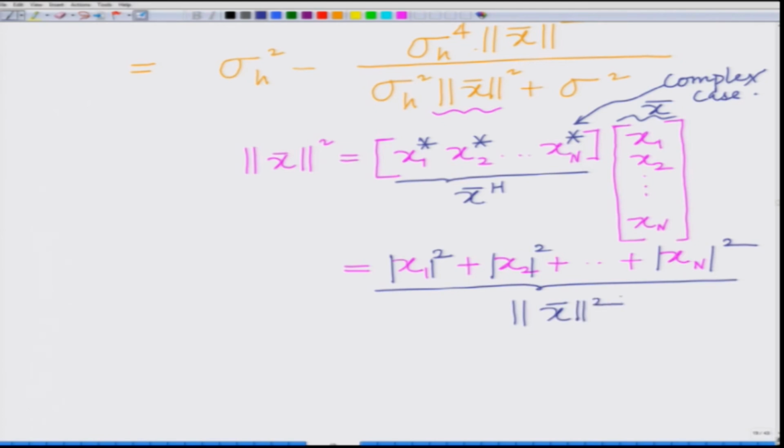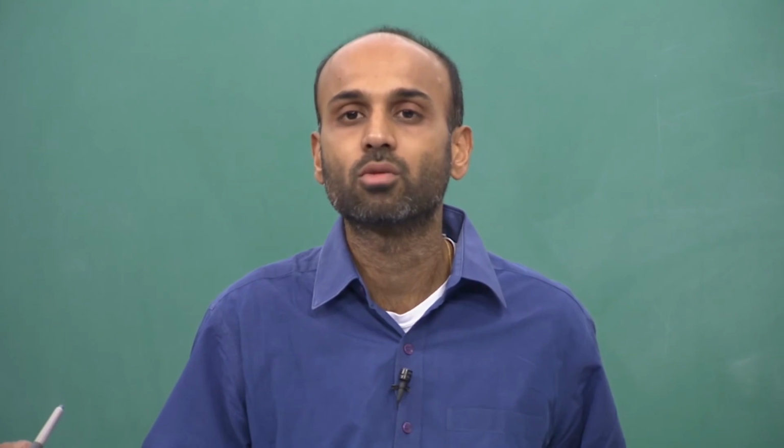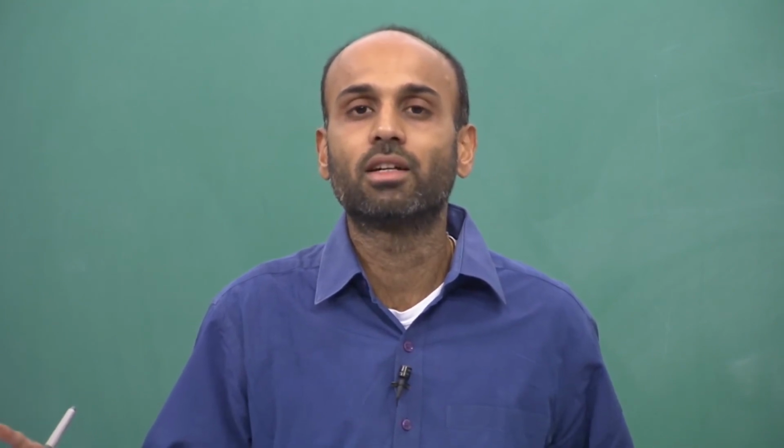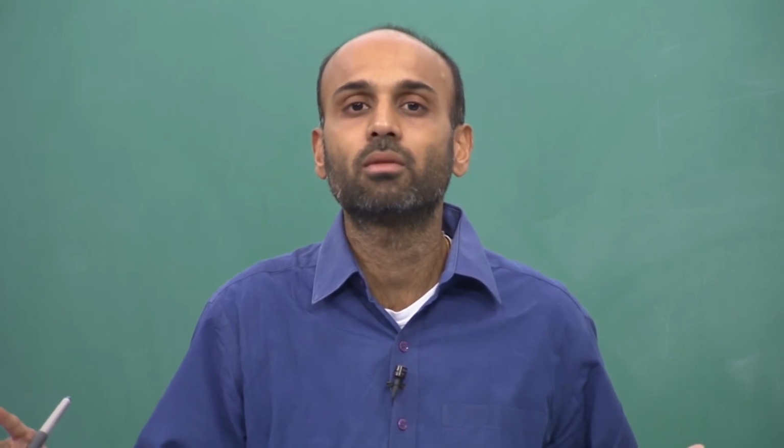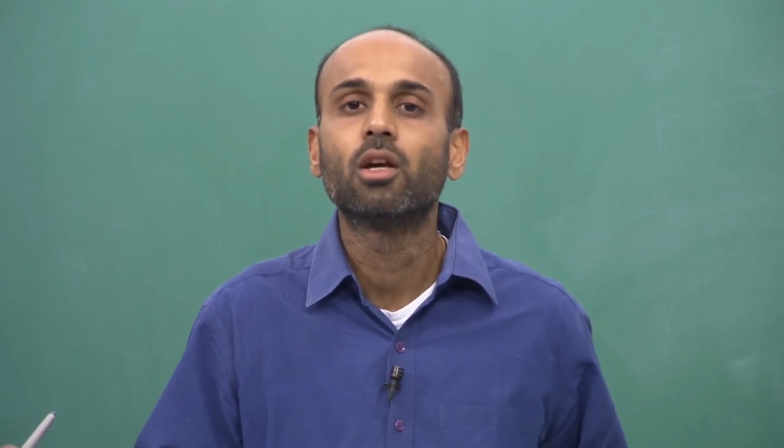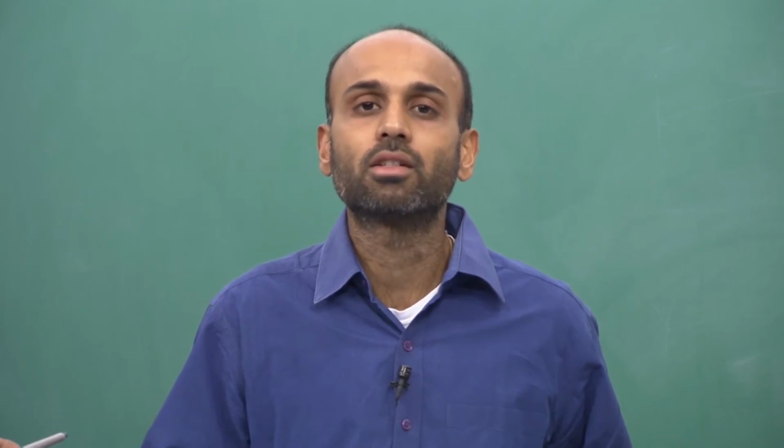So, norm x bar square for the real vector x bar is x1 square plus x2 square, so on up to xn square. For a complex vector, that is a vector with complex entries, this is simply magnitude x1 square plus magnitude x2 square, so on up to magnitude xn square. That is the only difference.